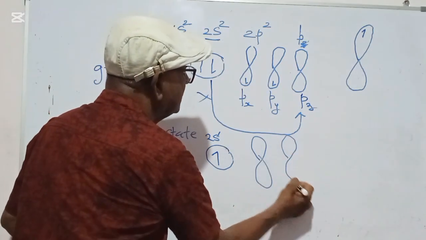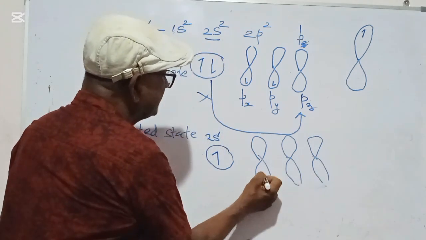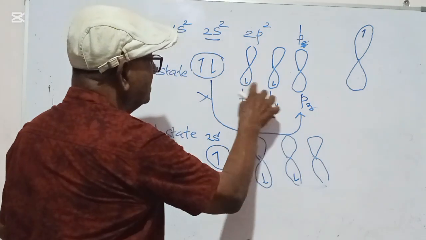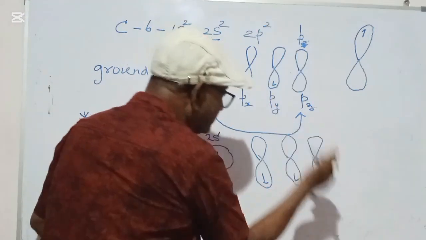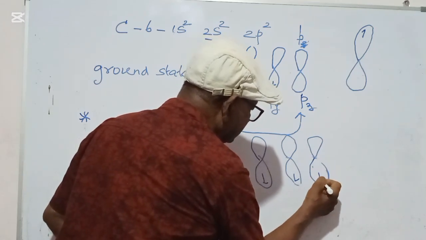These are the dumbbell shaped orbitals. This one has 1. These are the 2 electrons who are present. Now, this also has 1 electron.